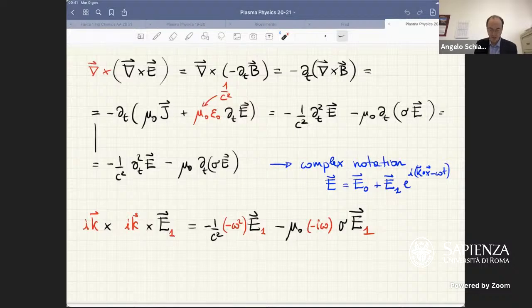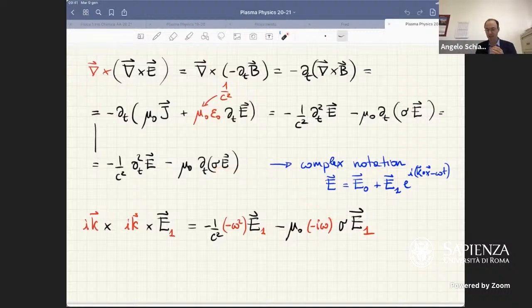Okay, then we have the second derivative with respect to time. So i omega times i omega, which makes minus omega squared, and still the perturbation in the electric field. And then we have the time derivative of the current density, expressed using the microscopic Ohm law in this form.